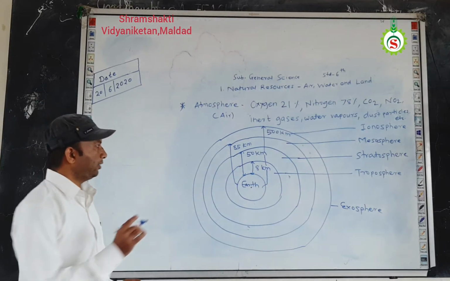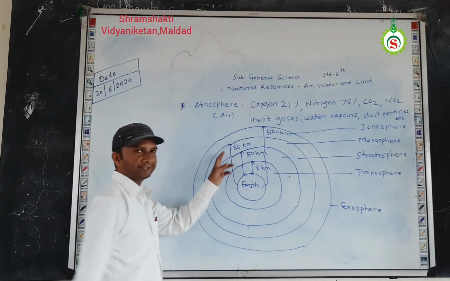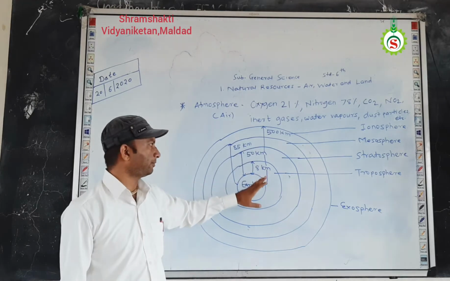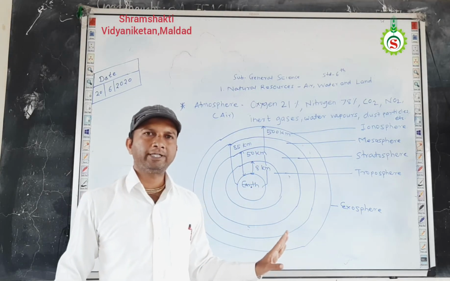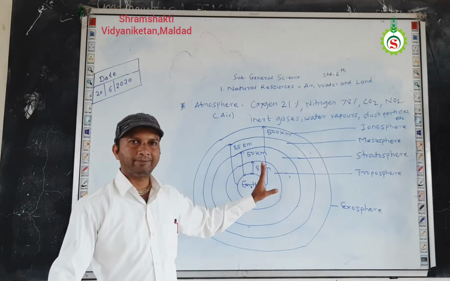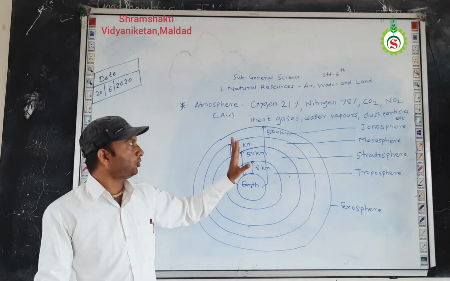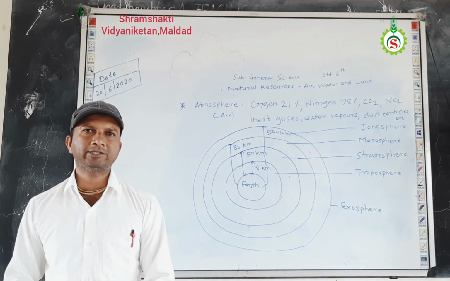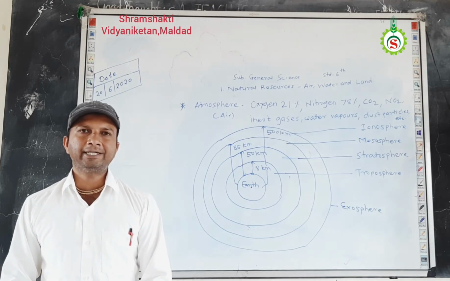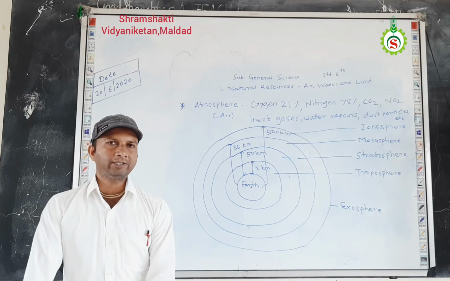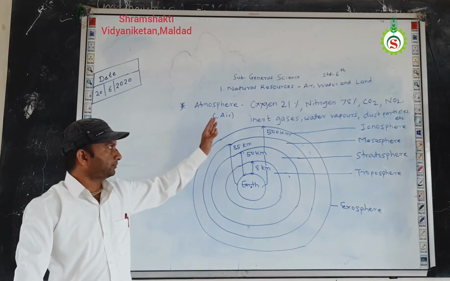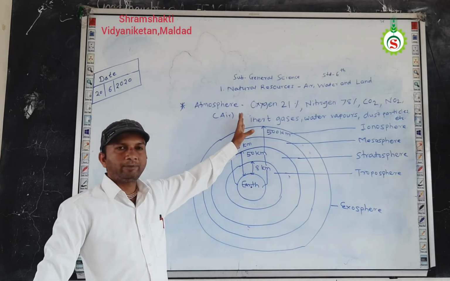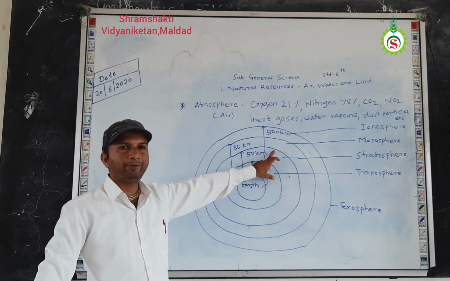Now, when we go from Earth's surface upside, in the troposphere and stratosphere, means up to 50 kilometers from the Earth's surface, the quantity of air present is maximum. Understand? First I told you the different gases present in the air: nitrogen, oxygen, carbon dioxide, nitrogen dioxide, sulfur dioxide, dust particles, inert gases. These constituents of the air are maximum in troposphere as well as stratosphere.